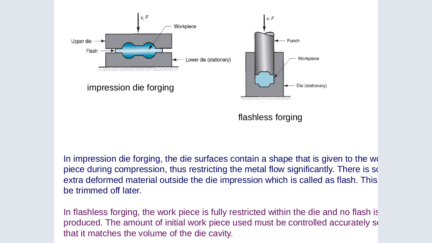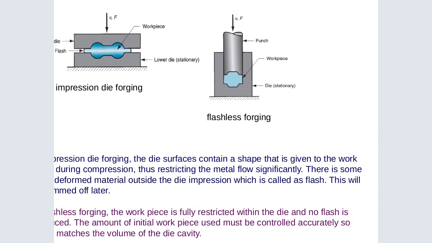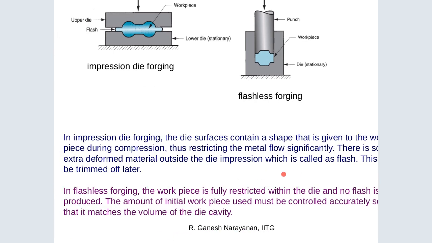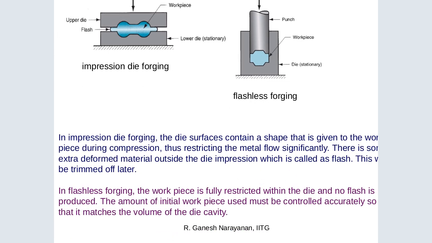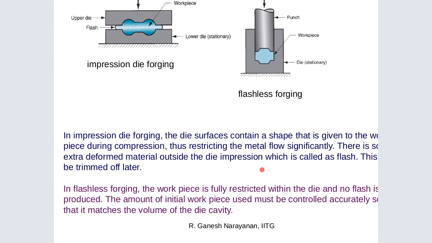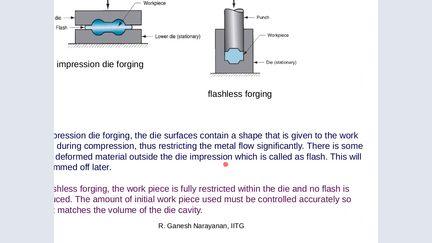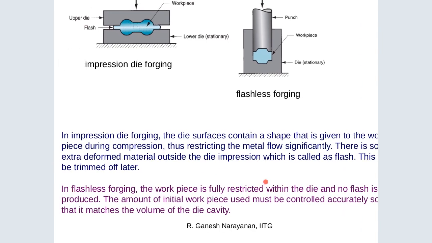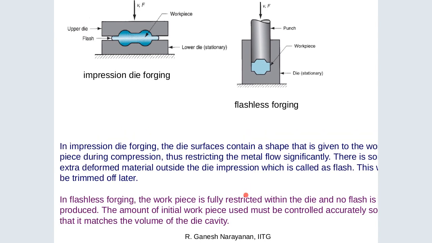In impression die forging, the die surfaces contain a shape that is given to the piece during compression, thus restricting the metal flow significantly. So there is extra deformed material outside the die impression, which is called the flash. This can be trimmed later.